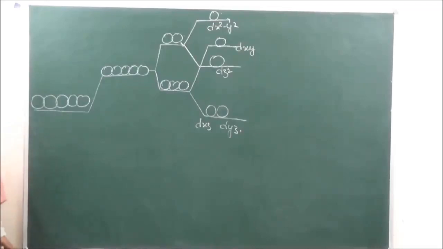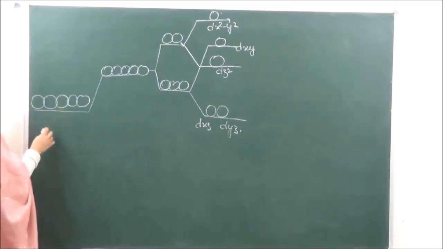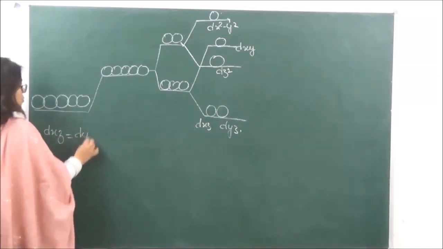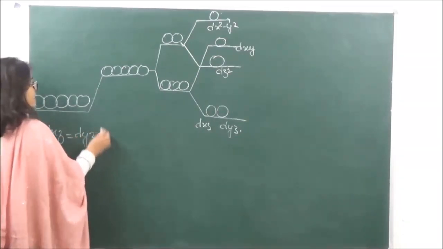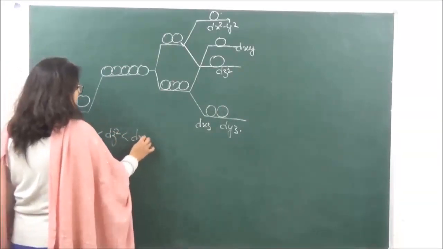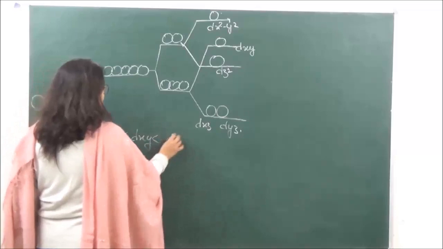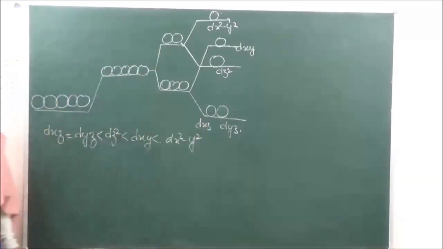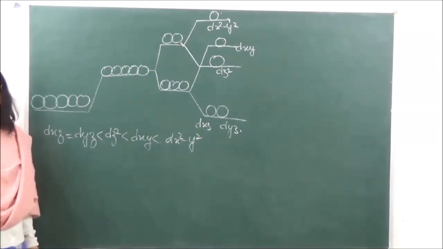So if you get a question to write down the order of energies in square planar complexes, the order is dxz = dyz < dz square < dxy < dx square minus y square. So this is a different splitting than what we have done in case of octahedral.